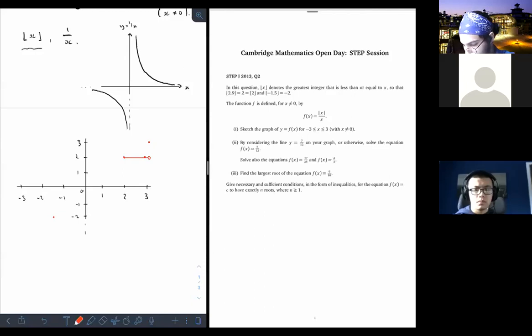And then we can repeat this if we're between 1 and 2. Well, we'd expect the same thing, except now constant equal to 1, and we jump at 2. And then similarly, you can work out that in between 0 and 1, we have this other jump. And then between -1 and 0, we have another jump, and etc., etc. So it looks like a staircase.